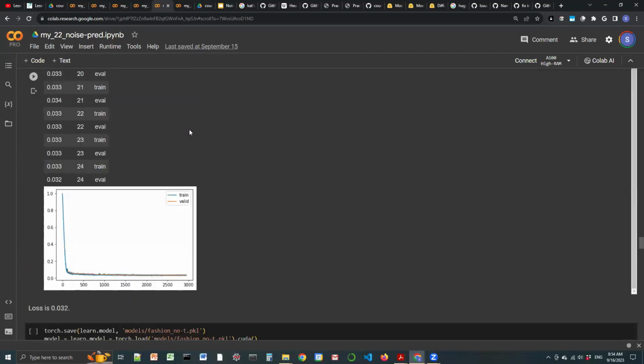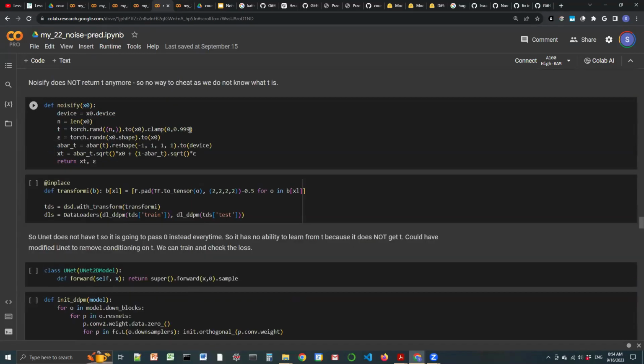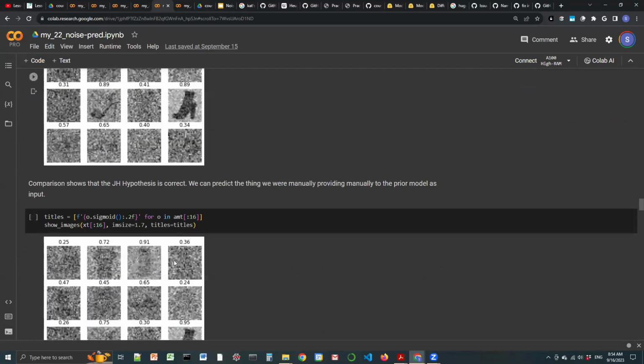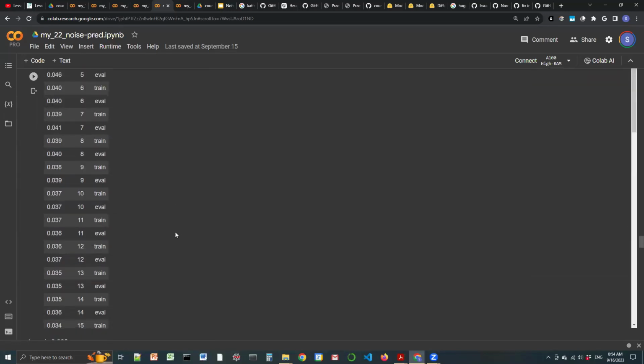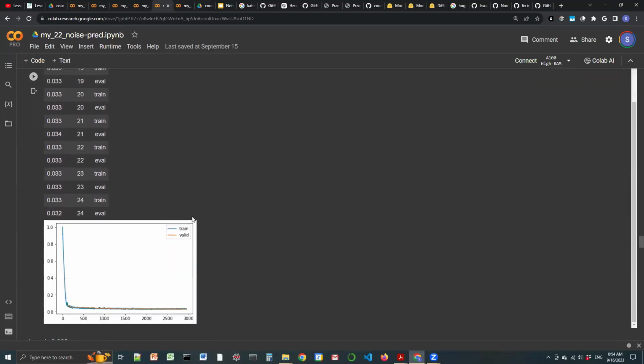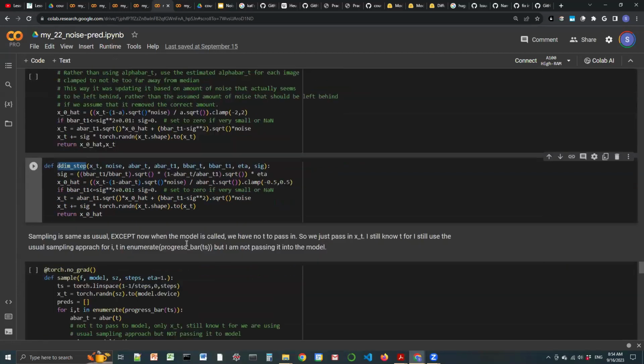So he's trying to eliminate the difference between these two values, if you will. Don't make assumptions, predict and use that value of alpha bar t, and by clamping that value to be within some range of the median, his numbers, he says, improve quite a bit.